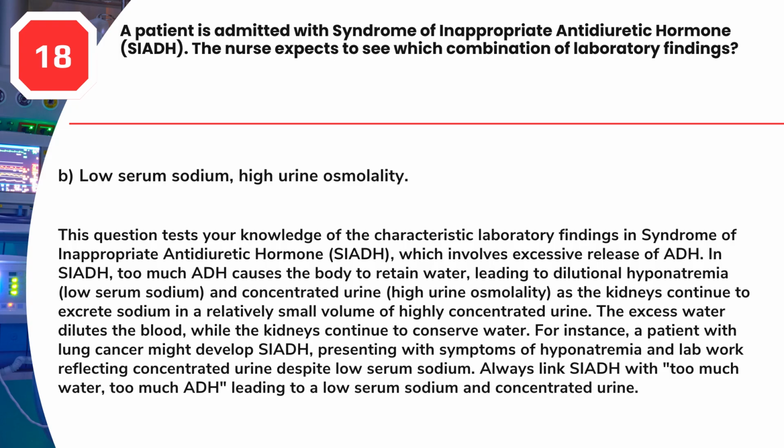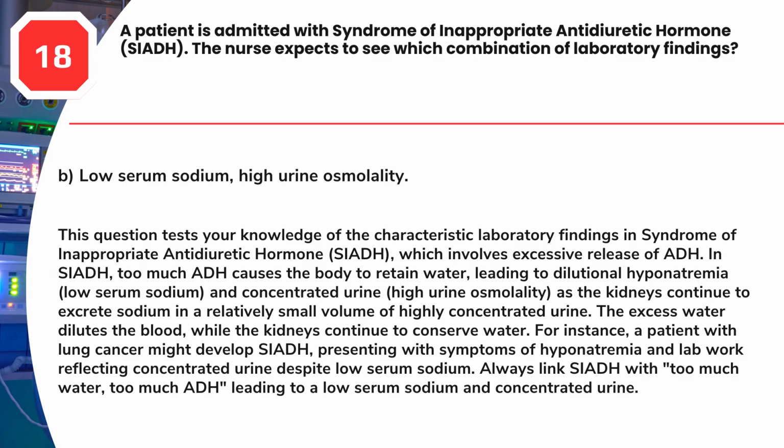This question tests your knowledge of the characteristic laboratory findings in syndrome of inappropriate antidiuretic hormone, SIAD, which involves excessive release of ADH. In SIADH, too much ADH causes the body to retain water, leading to dilutional hyponatremia, low serum sodium, and concentrated urine, high urine osmolality, as the kidneys continue to excrete sodium in a relatively small volume of highly concentrated urine.